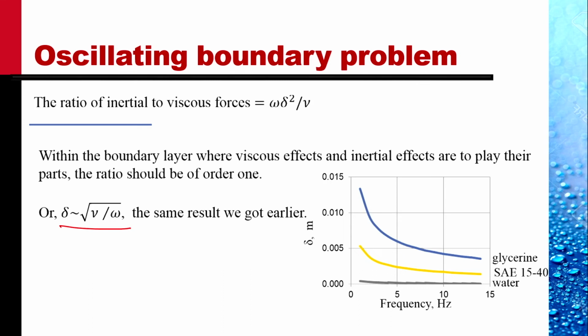And we see that for each fluid, delta varies with frequency. As the frequency increases, that is, the value of omega increases, the boundary layer thickness decreases. This is in line with this result.